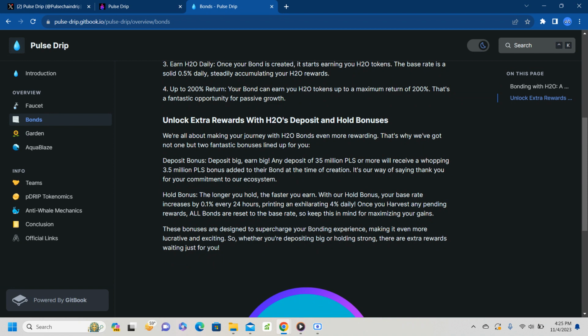So, the example Matt uses said if you buy $100 worth of tokens, you could probably get up to 200% of the token amount, whatever equivalent that would be, right? So that's definitely bullish. And again, you also have to factor in price appreciation of the H2O token price itself.